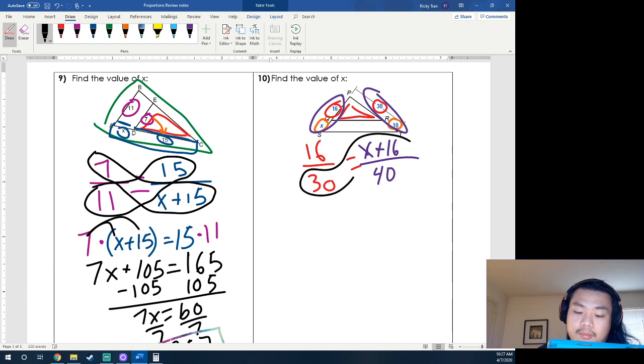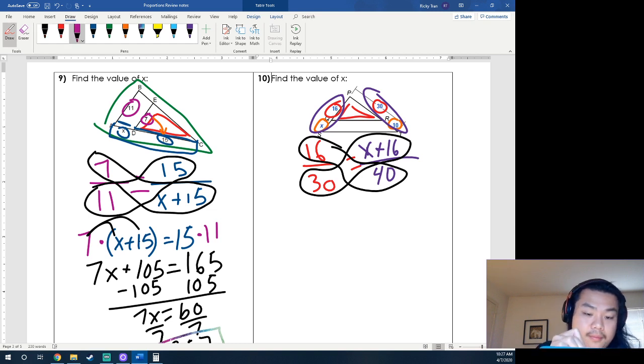Then we cross multiply. So we have 16 times 40 is equal to 30 times x plus 16. Oh, that's not a 16.